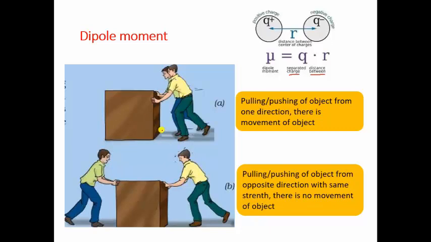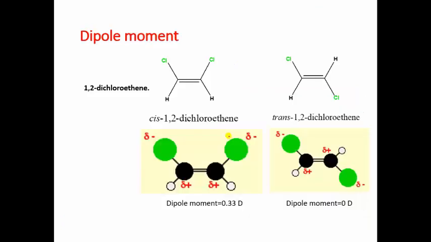You know that if we push or pull any object from one side, movement can occur, but if we push or pull it from the opposite side, there is no movement. You can understand dipole moment with a similar principle.